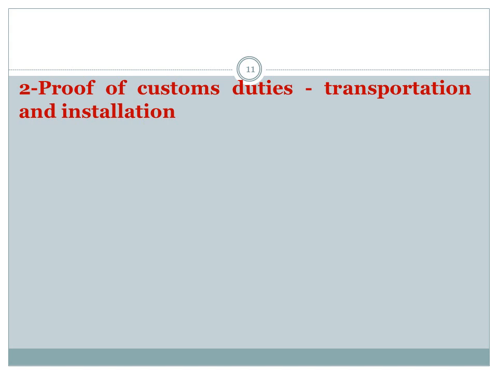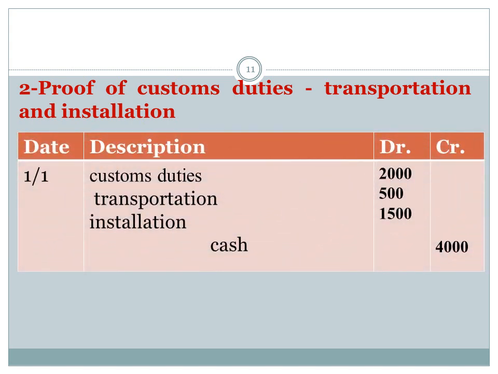These expenses are recorded in 2 stages. Stage number 1, these expenses will be in the debit side, cash will be in the credit side as follows: customs duties 2,000, transportation expenses 500, installation expenses 1,500. These expenses were paid in cash, so cash decreased, so it will be in the credit side, 4,000.